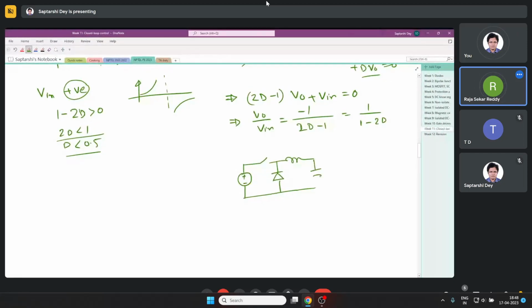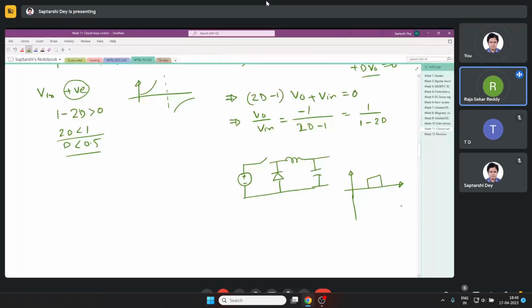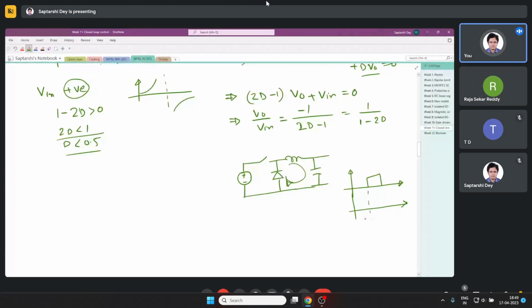Now when we start drawing the waveforms, we say that when the switch is open, the inductor voltage is negative. That is understandable because the inductor current must be flowing through this diode, so the inductor voltage must be negative.